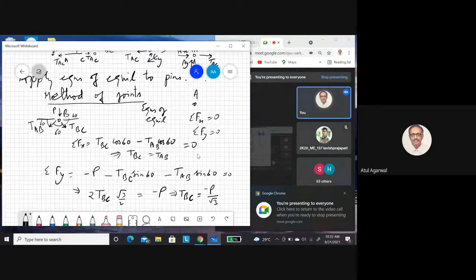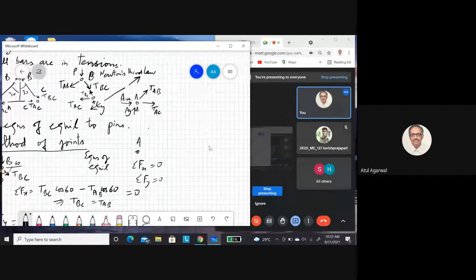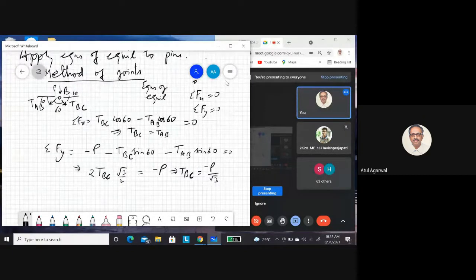So you get the internal force in bar BC and the force in bar AB. TAB is equal to TBC equal to minus P by root 3.